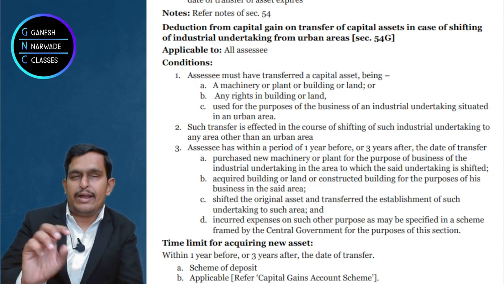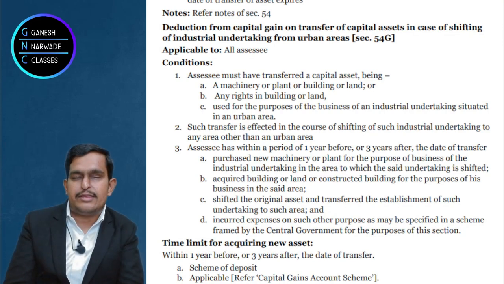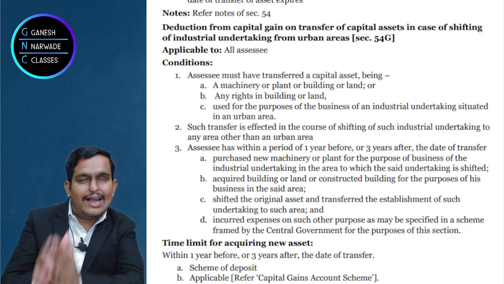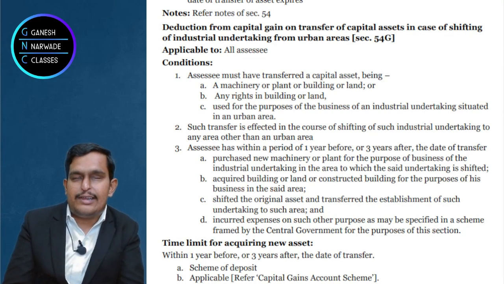So what should be purchased? Four points: A, plant and machinery. B, land and building, constructed or purchased. C, transfer of plant and machinery from urban area undertaking to rural area undertaking. And D, expenditures which are approved by government.